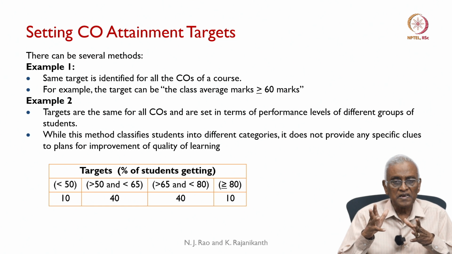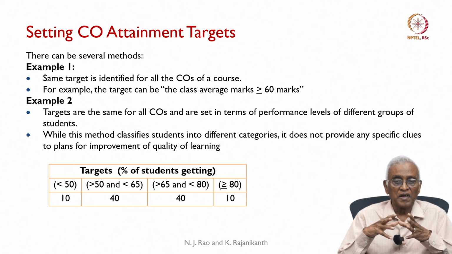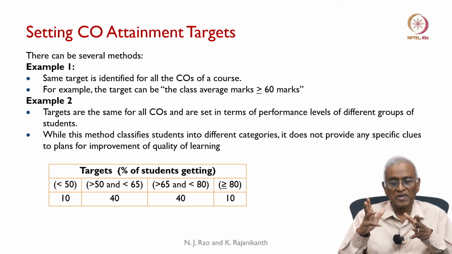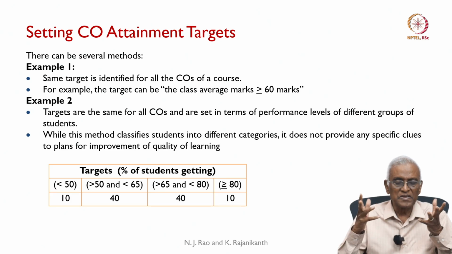Generally, it is a good idea that an institute chooses the same method of setting targets for all branches of engineering. If each course does it differently, you get into several other messy issues.